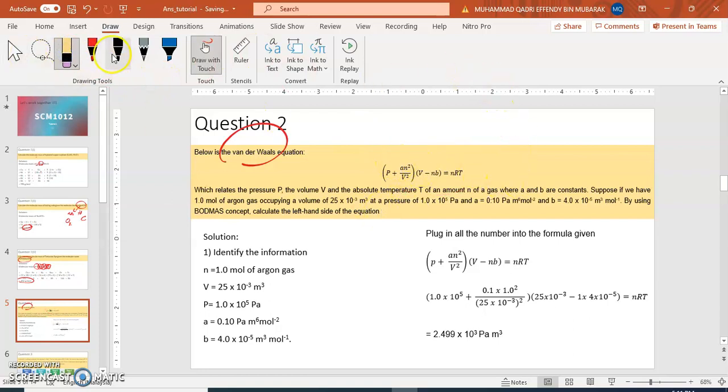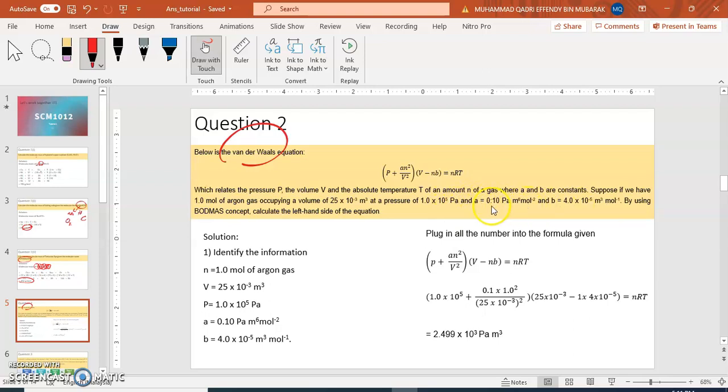The equation relates the pressure P, the volume V, and the absolute temperature T of an amount of gas, where A and B are constants. Suppose we have 1.0 mole of argon gas occupying a volume of 25 times 10 to the power of -3 meter cube at a pressure of 1.0 times 10 to the power of 5 Pascal, and the constants A and B are given.